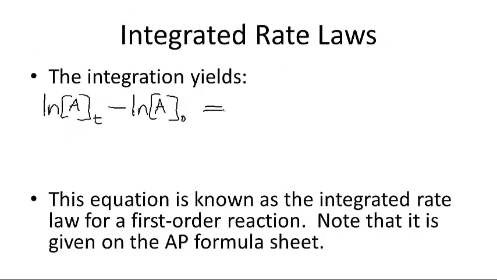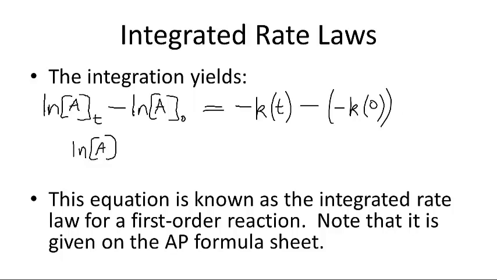So this is going to be negative k times t minus negative k times 0. All right. Another way to say this is ln of A at time t is going to be equal to, if I move the natural log of A naught to the other side, I get this.